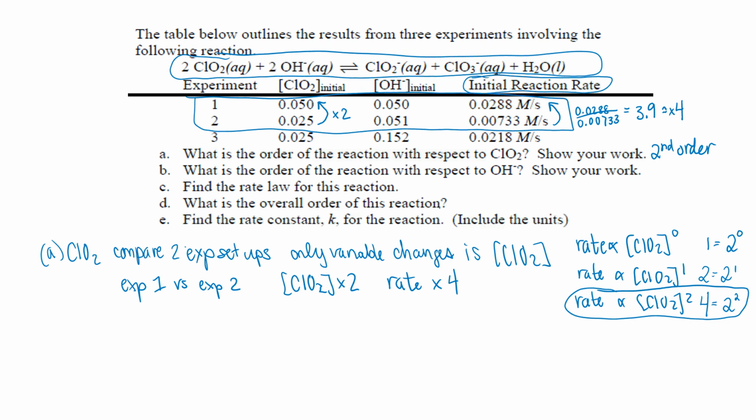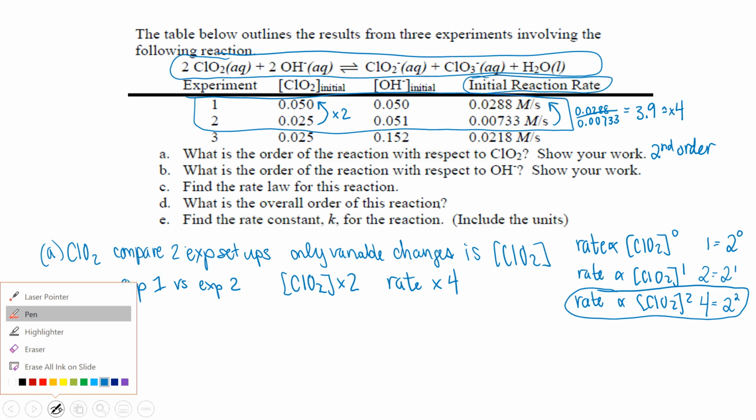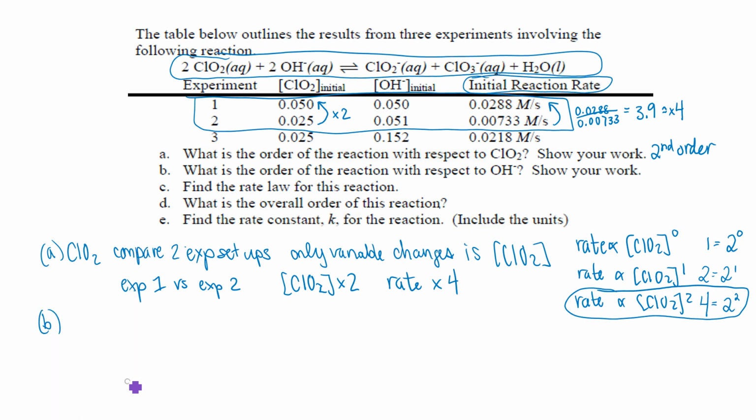Now let's take a look at hydroxide. Again, I want to find two data sets where the only variable that changes is the hydroxide ion concentration. Let me maybe write with a different color here. If I look at experiments 2 versus 3, we're going to compare experiment 2 versus experiment 3.